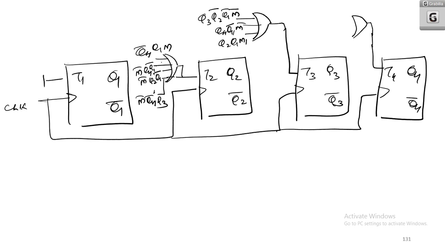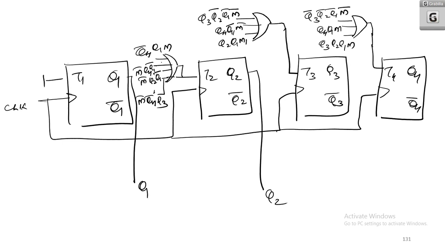The expression we are getting is Q3 bar Q2 bar Q1 bar M bar. Then here Q4 Q1 M. Then next is Q3 Q2 Q1 M. So Q1 is one output, Q2 is another output, Q3 is another output, and Q4 we can take as output.